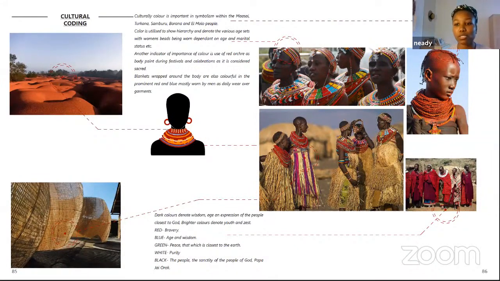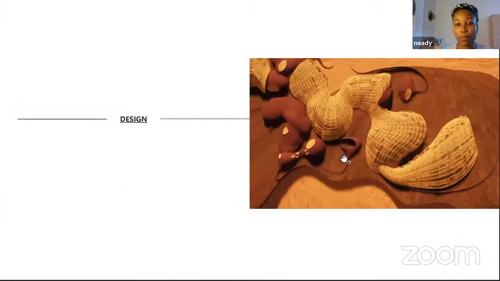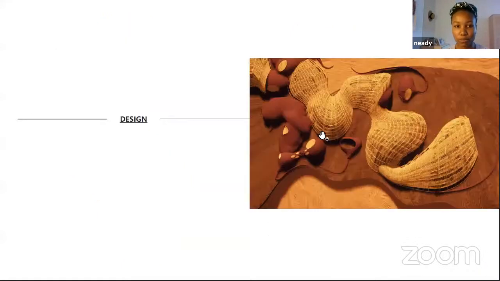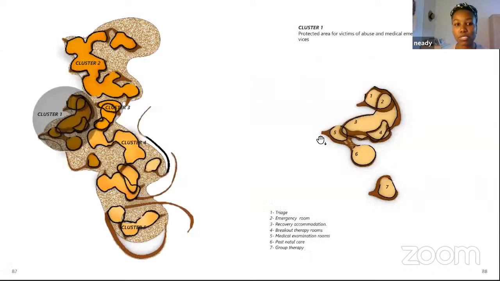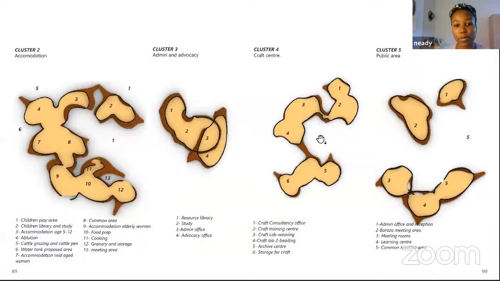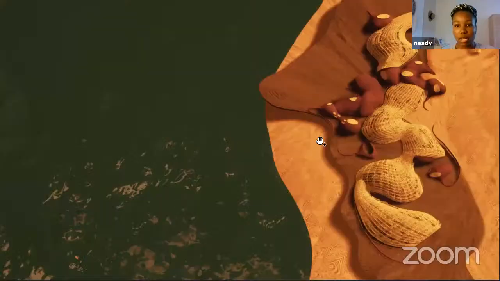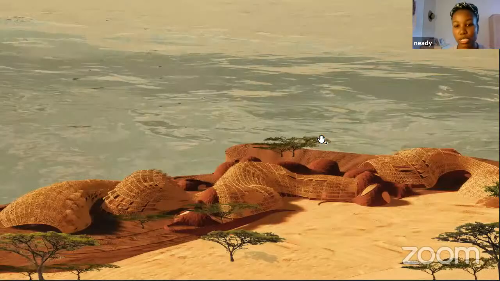This is very important to me, and I think it's important to think about when we're coming up with designs. From the spatial relations and the coding, I put the spaces together and came up with the final design, which is the women's village.